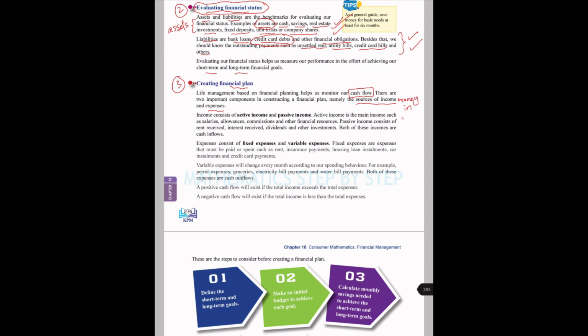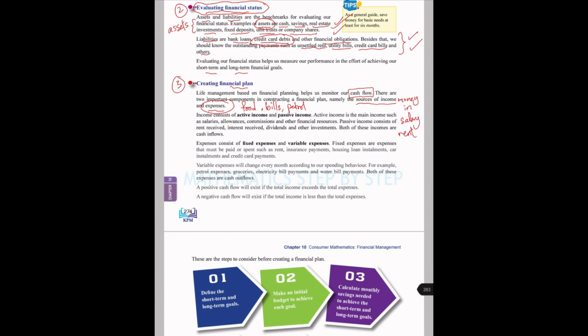For example, our salary. Okay, or we have a house we rent to people, and the rent that we collect every month. Okay, this is sources of income. Then expenses. Expenses would be the money we spend on, let's say, food, our bills, petrol.